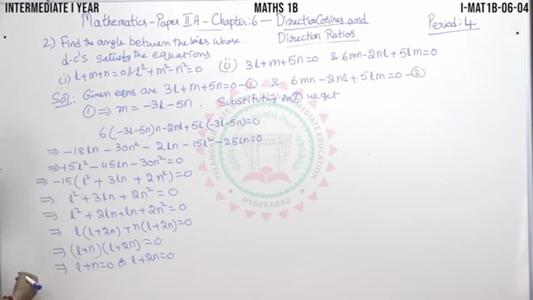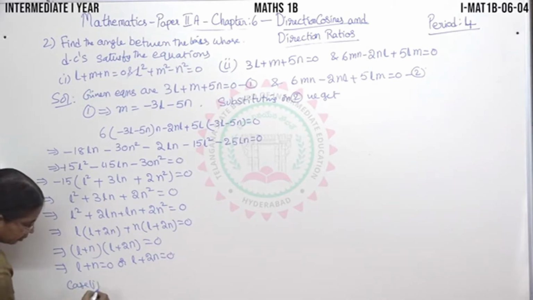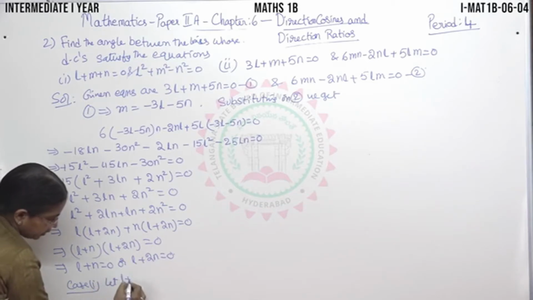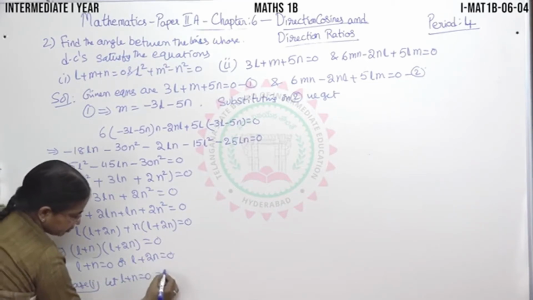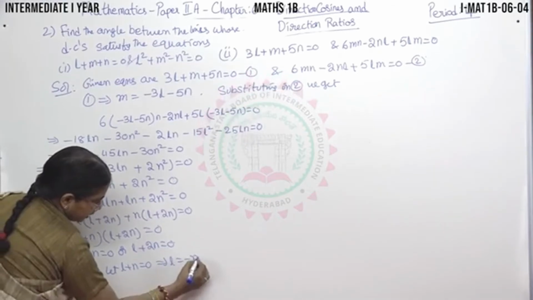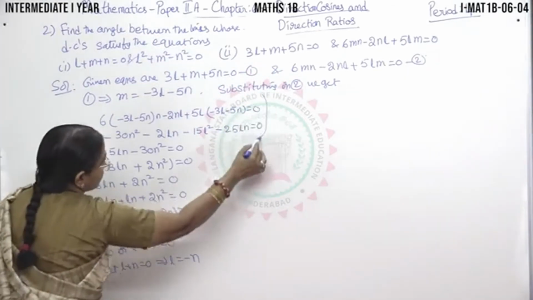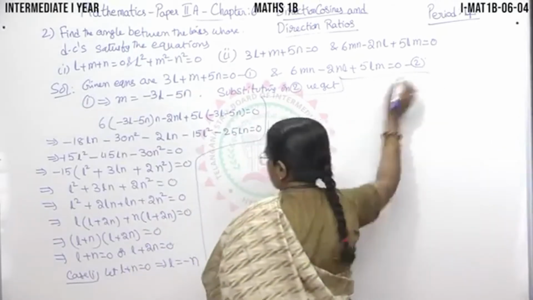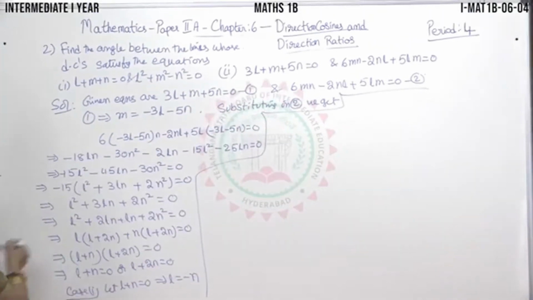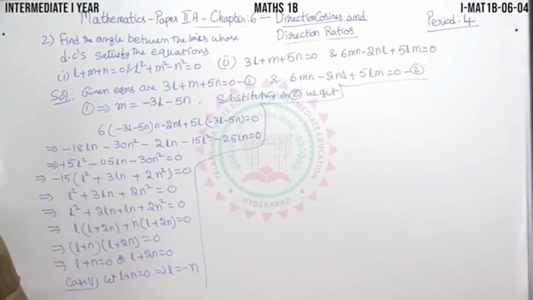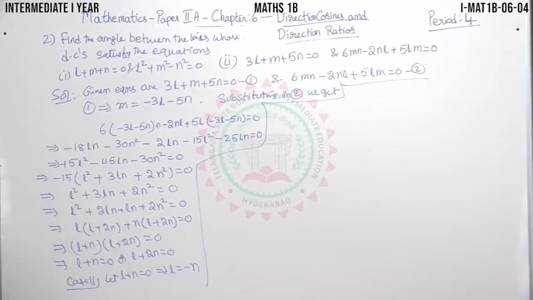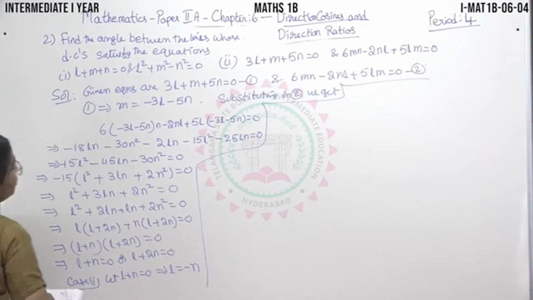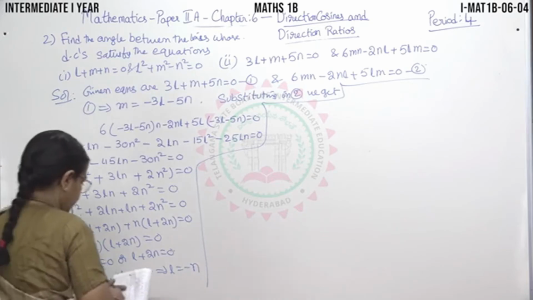Now we'll take case 1, like in the earlier problem, same procedure. So suppose that L plus N is equal to 0. So that means L is equal to minus N. Now we'll substitute in the third equation.